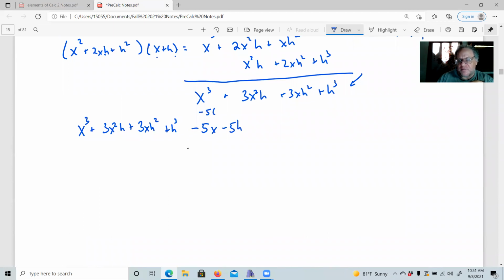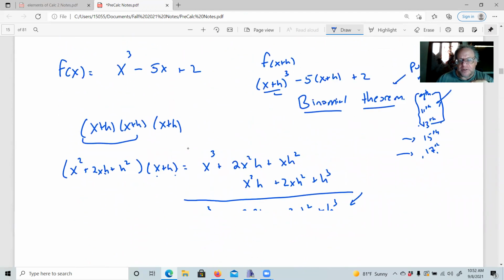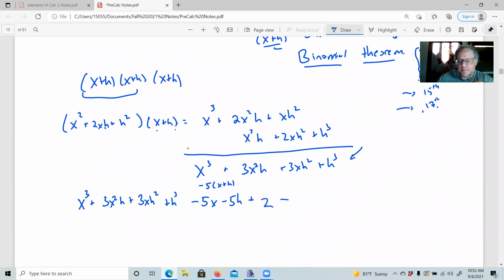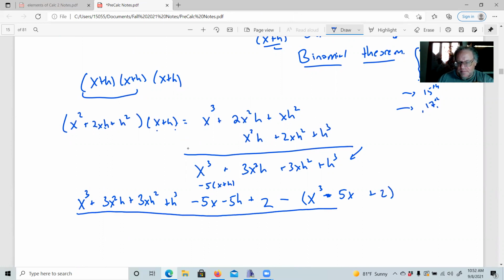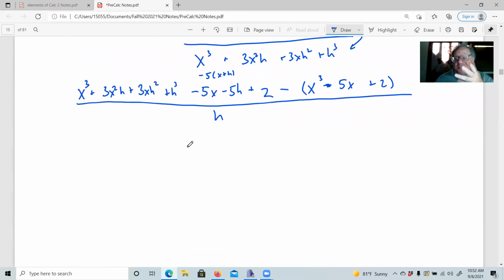Go through and do that. Plus my constant, which was 2. Minus f of x, which was x cubed minus 5x plus 2, all over h. See, it's just long.